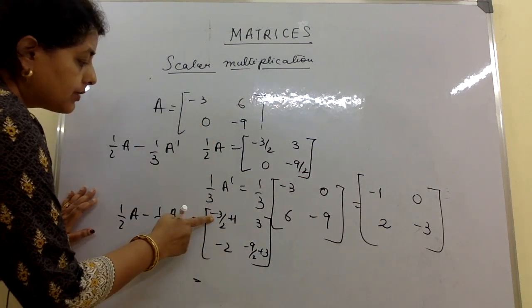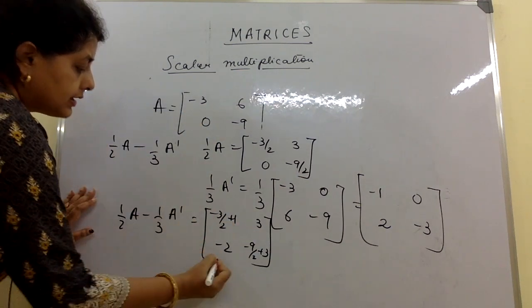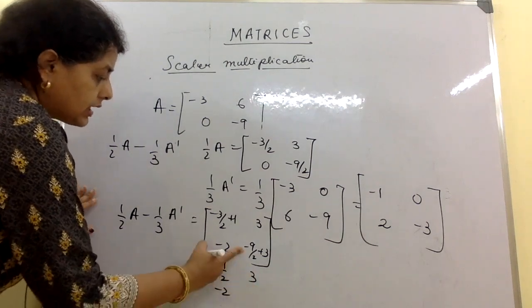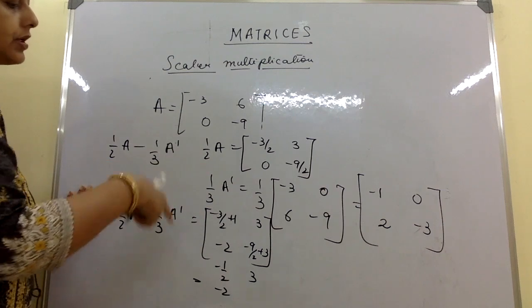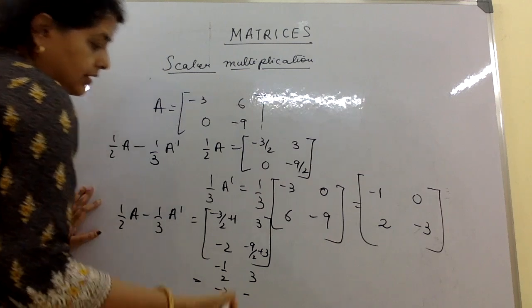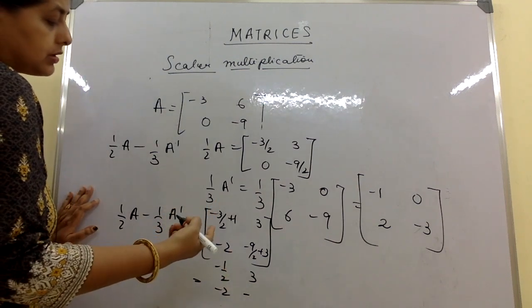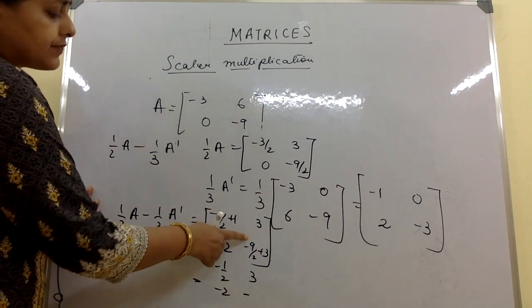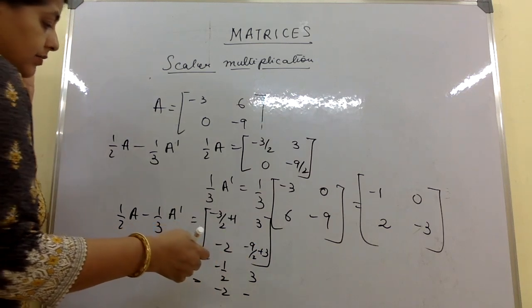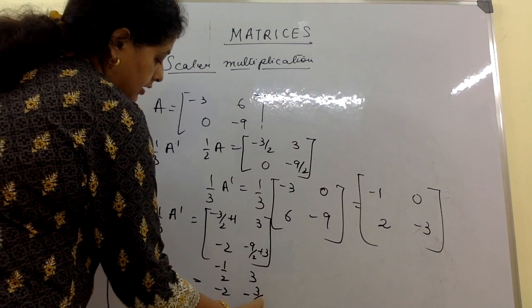So here it is minus 1/2 plus 1, that makes a minus half, then 3, then minus 2, and this is minus 4/2 plus 3, that is minus 1/2. Okay, you can write 3/2 also, because this is 4/2, minus 4/2 plus 3. So it is minus 3/2.